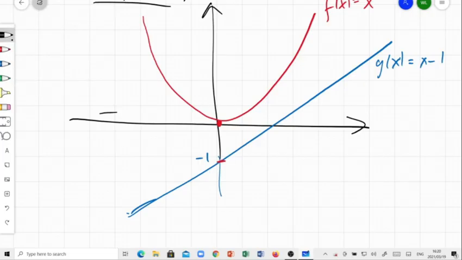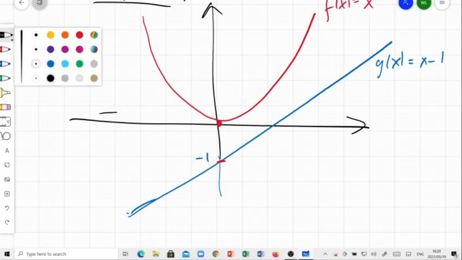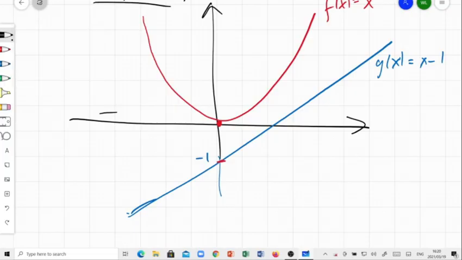So I sum them together, and I end up with minus 1. So the sum of 0 and minus 1 is minus 1. Likewise, at x equals 1, the sum is going to be 0 plus 1.